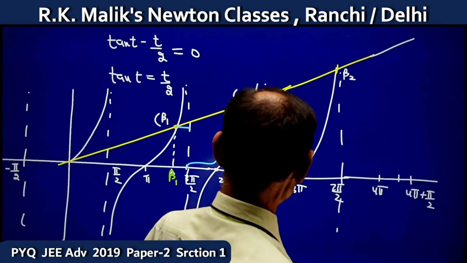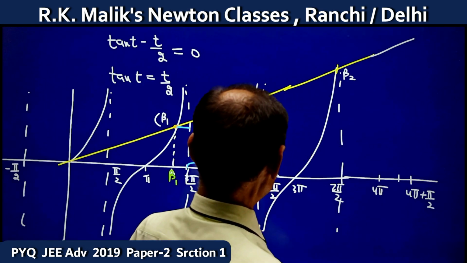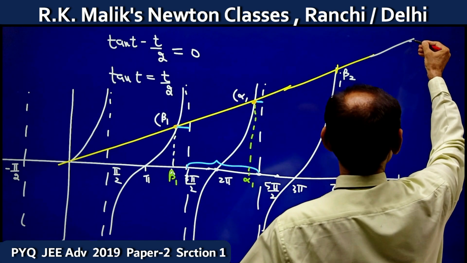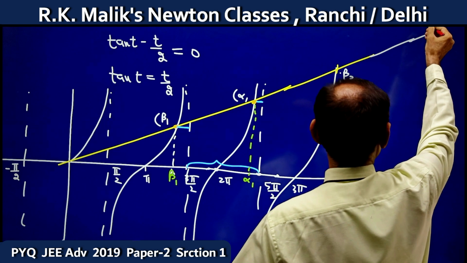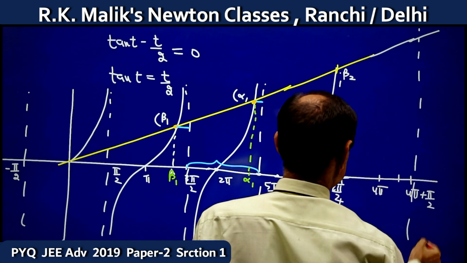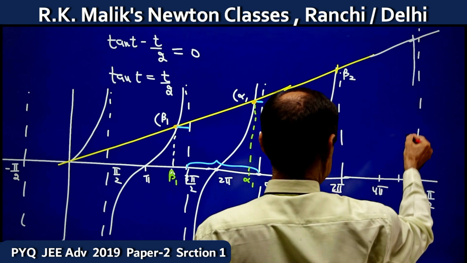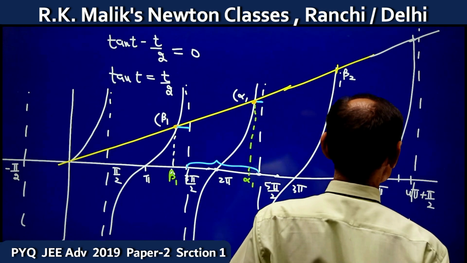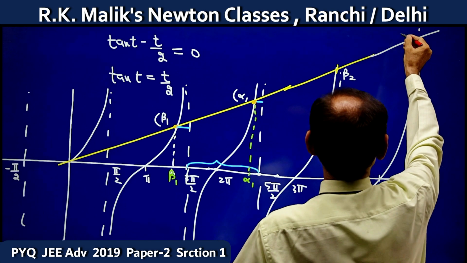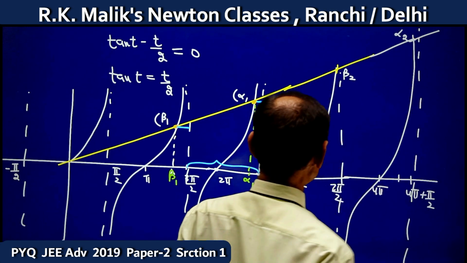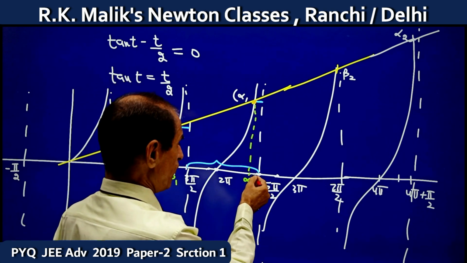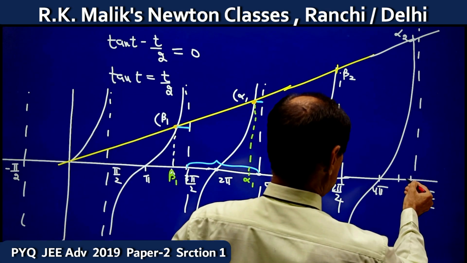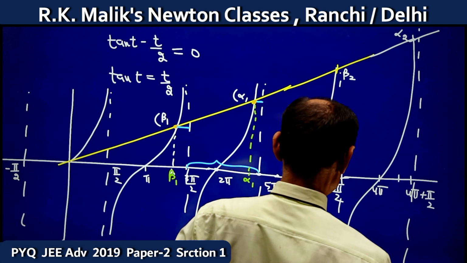As I told you, the next point of local maxima will be for this value of x, and the x coordinate of this point is alpha 2. Alpha 1 is slightly less than 5 pi by 2. Alpha 2 is slightly less than 4 pi plus pi by 2.